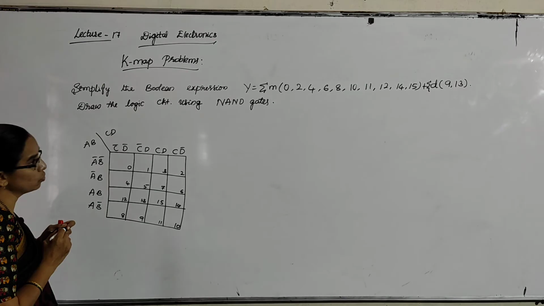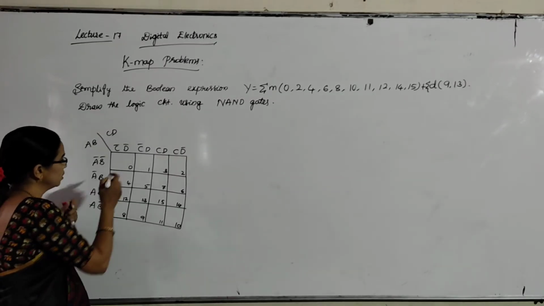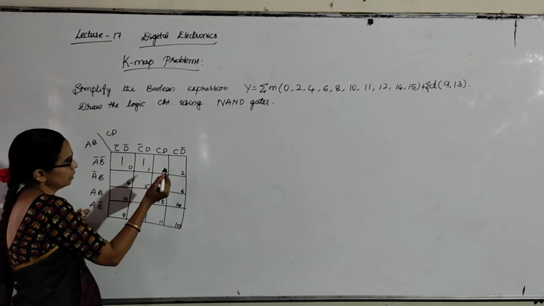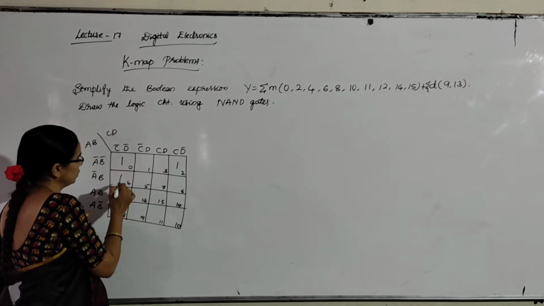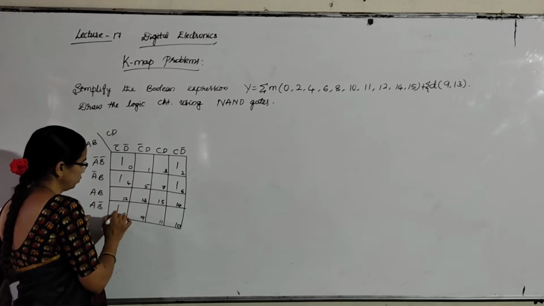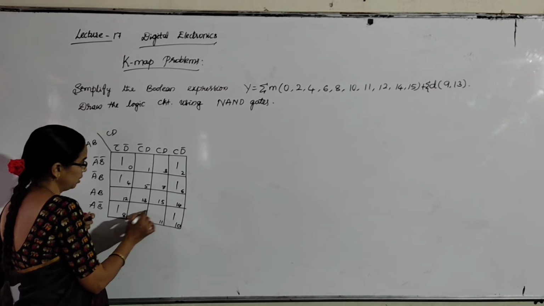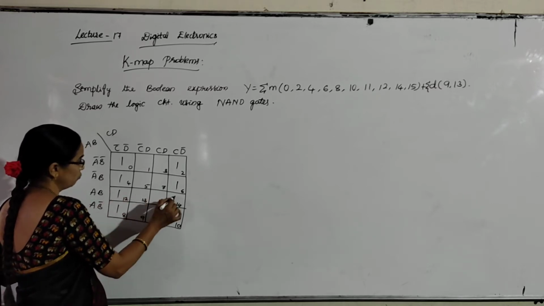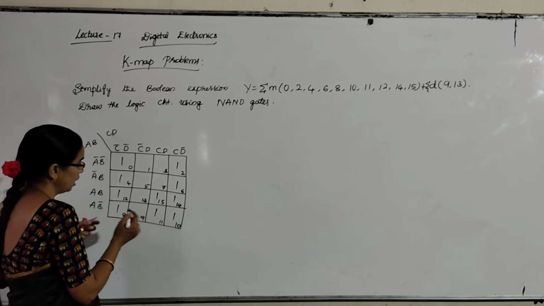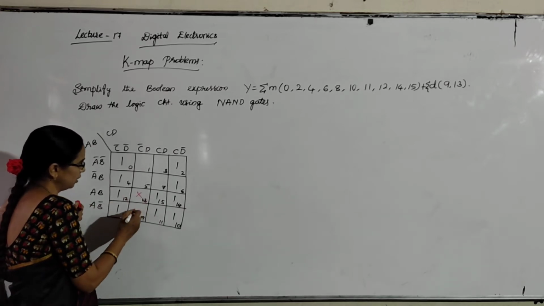We'll mark 0, 2, 4, 6, 8. 0 is 1, 2 is 1, 4 is 1, 6 is 1, 8 is 1, 10 is 1, 11 is 1, 12 is 1, 14, 15 are 1, and 9 and 13 are don't care conditions.